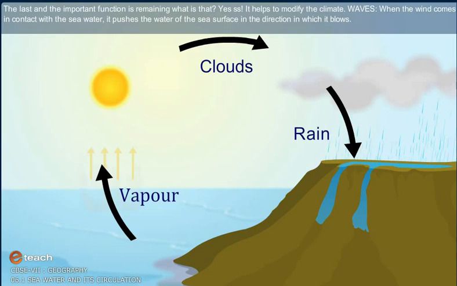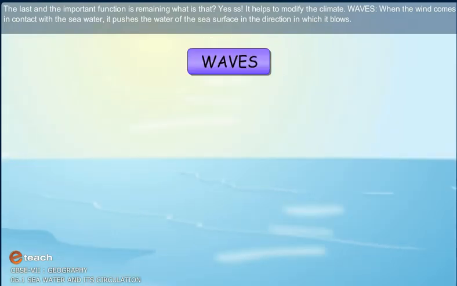Waves. When the wind comes in contact with the seawater, it pushes the water of the sea surface in the direction in which it blows.